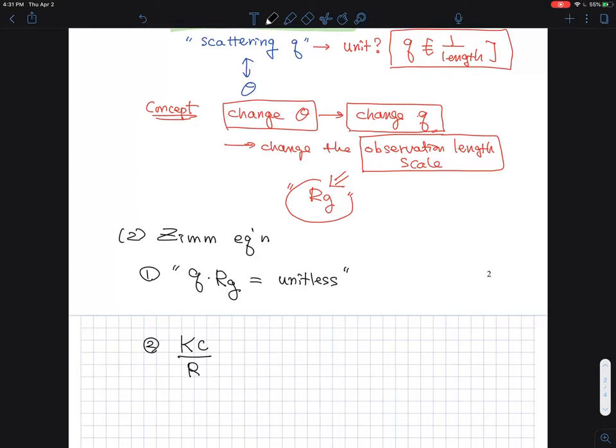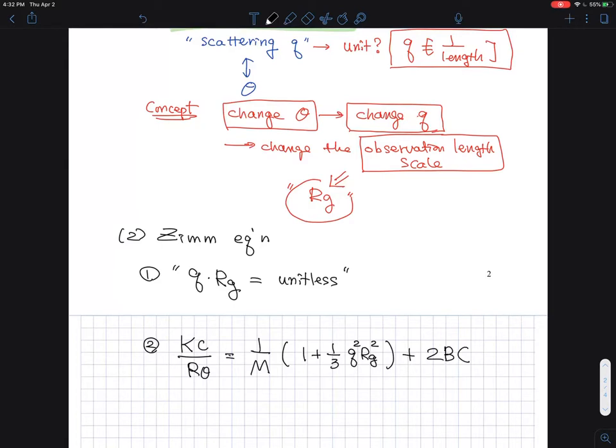So the Kc over R theta, that's 1 over molecular weight in the light scattering experiment, and the Zimm equation is essentially 1 over molecular weight times (1 + 1/3 Q squared RG squared), plus 2BC.